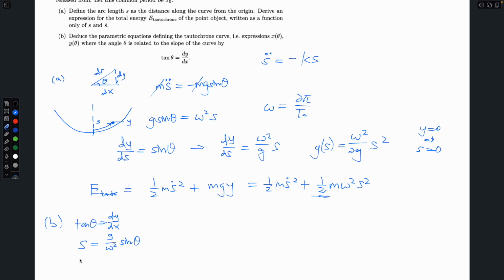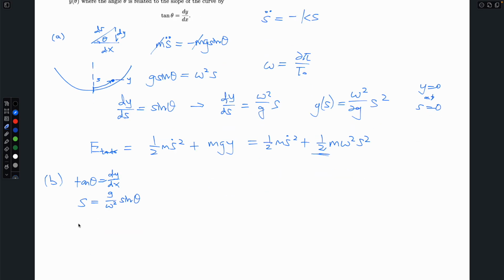If we differentiate this with respect to theta, you'll see in a second why this is useful. We will get g over omega squared cosine theta. The reason why it's useful is because we can then use the fact that ds squared is equals to dx squared plus dy squared.